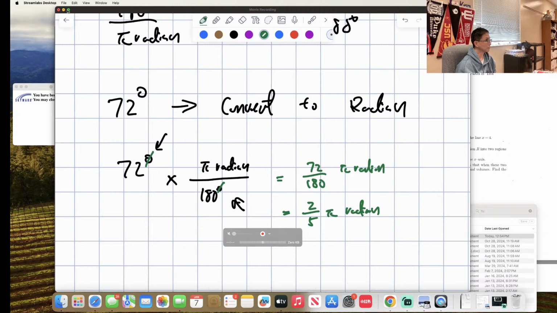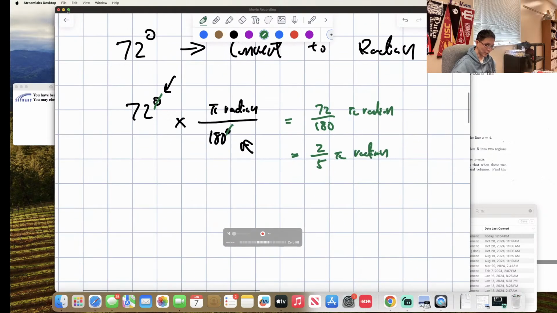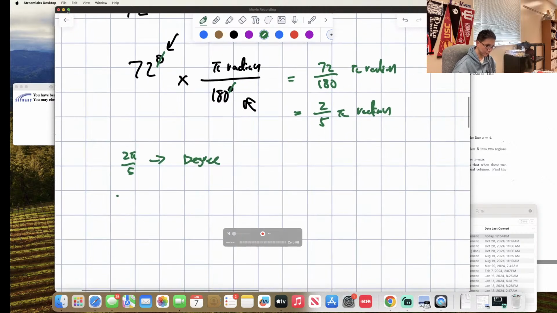Is that okay? How do I convert back? How about if I say 2 pi over 5, I want to convert to degrees. How do I do that? So you want to multiply by what? 180 degrees over pi radian, right?